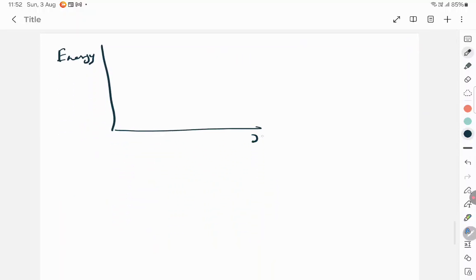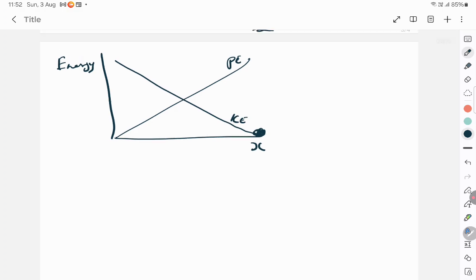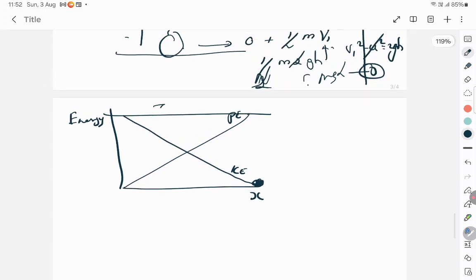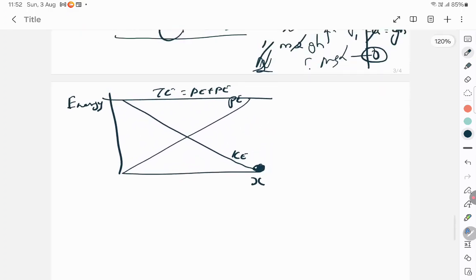Supposing this is the energy versus position graph, at the topmost point you will have only potential energy. So this will be the potential energy graph. At the topmost point, kinetic energy will be 0, and so this is the kinetic energy graph, and the total energy is always the sum of potential energy plus kinetic energy. Okay, so that's about that graph, and you understood it.